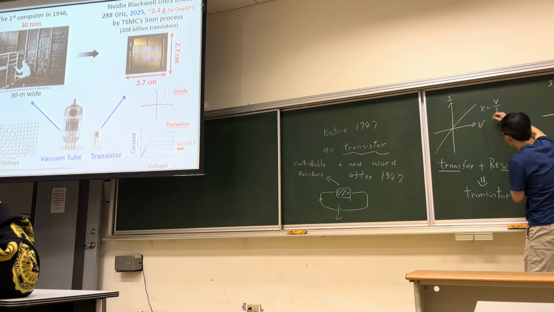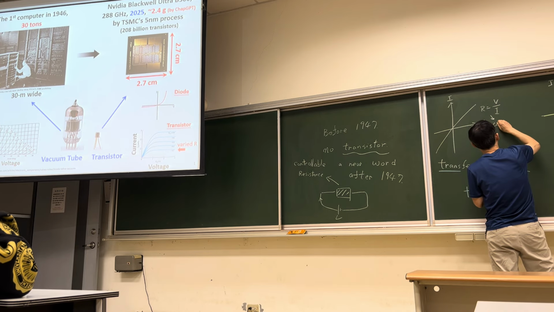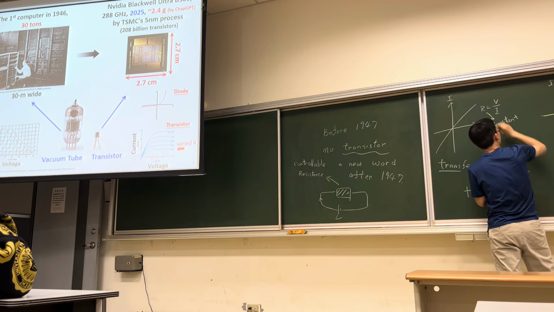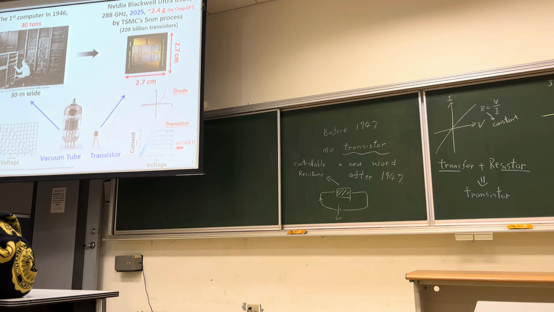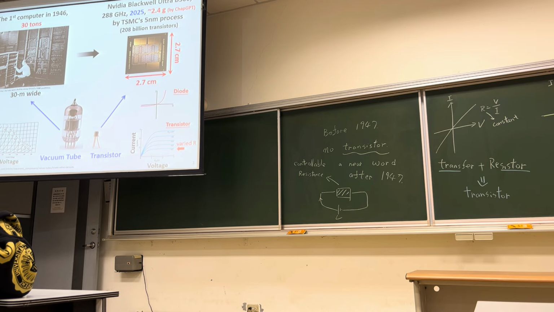Here, I is a constant. This is not what the scientist needs because the R is not easily controlled.